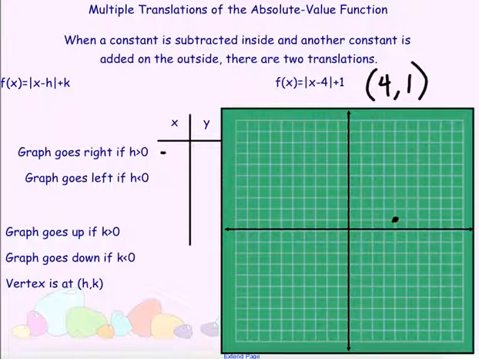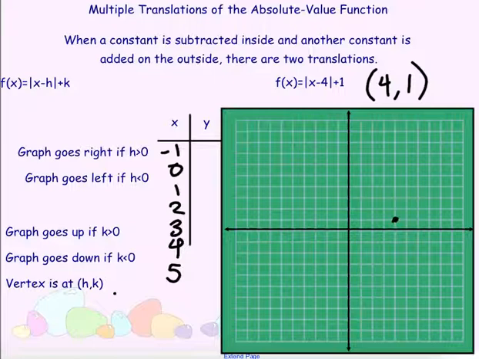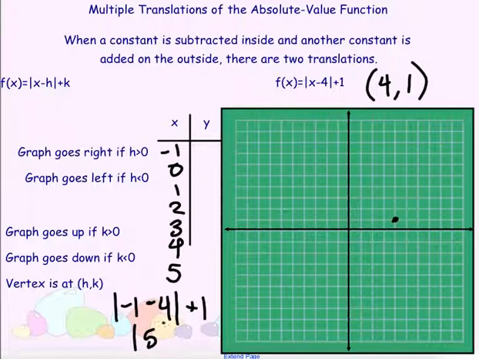Let's say we plug in -1, 0, 1, 2, 3, 4, and let's say 5. If I plug in -1, I will end up with the absolute value of -1 minus 4 plus 1. That means I have the absolute value of -5 plus 1. So 5 plus 1 is 6.